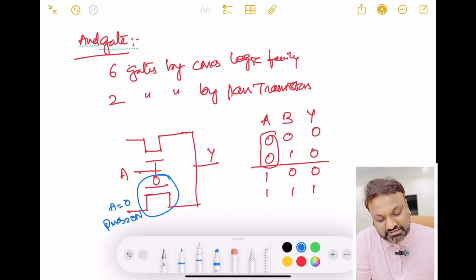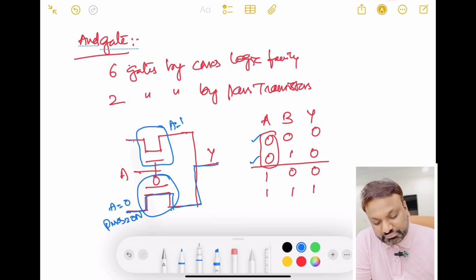That means for two conditions this transistor will be on, and for the next two conditions, A equal to 1, this NMOS transistor will be on. When the PMOS transistor is on, the NMOS transistor will be off. That means the output will go through this transistor to the output when A is equal to 0. Similarly, when A is equal to 1, the output goes through this transistor to the output.